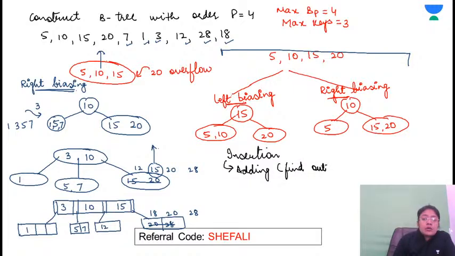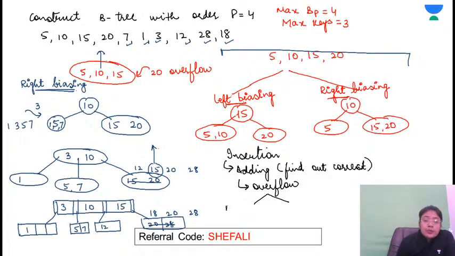Find out the correct position, because all the keys are in ascending order, so it's just behaving like a binary search tree. Maybe you just have two children for a node, but in this case it depends on the order of the tree. Find out the correct position of the element and see after adding the element if it's a case of overflow. If it's a case of overflow, then there are two ways.